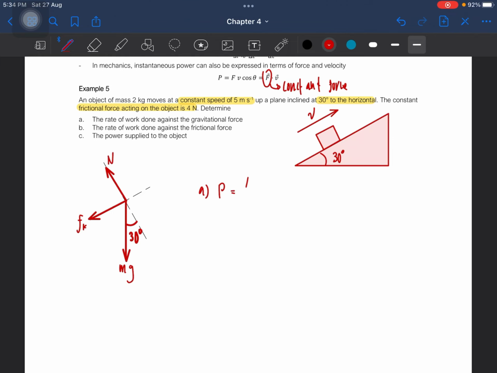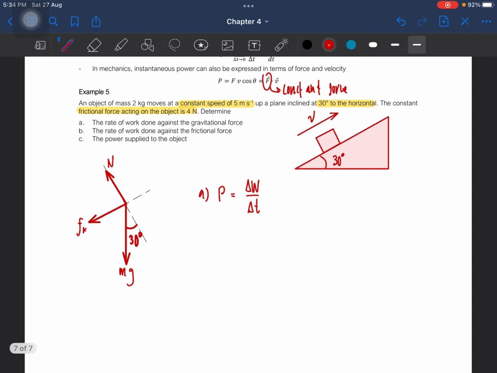So P is equal to delta W over delta T. So the work done that we are looking at is the gravitational force, which is the weight. So that is mg s cos theta over delta T.